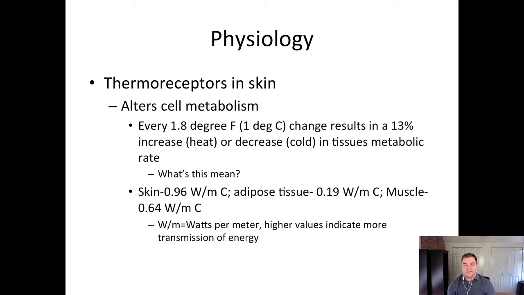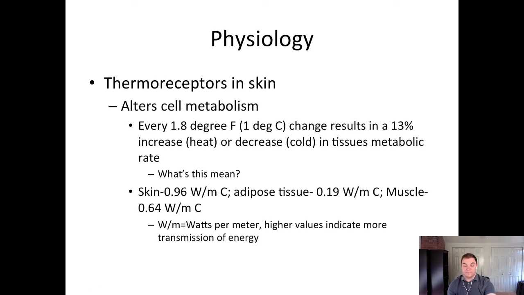Our book talks a little bit about the watts per meter of different tissues in the body. It talks about skin, adipose tissue, and muscle. The higher values indicate more transmission of energy. Your skin is actually pretty high, so it easily transmits energy because of the type of tissue it is. Adipose tissue, which is essentially fat, is not a good conductor of energy.